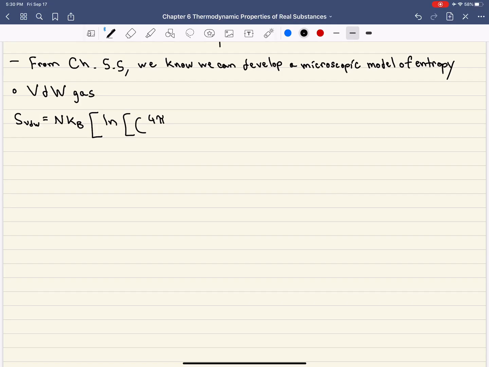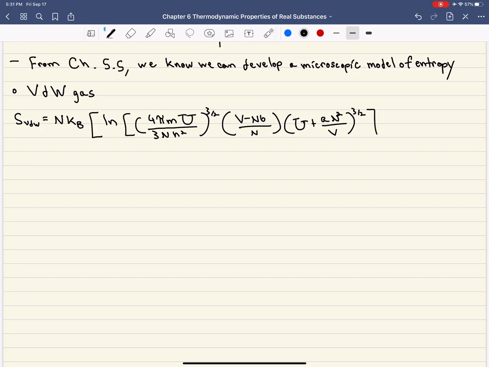Four pi m internal energy over 3n h squared raised to the 3 halves, and then v divided by n, b divided by n, times u plus a n squared divided by v raised to 3 halves. All that's in the natural log, and then we have a 5 halves here.